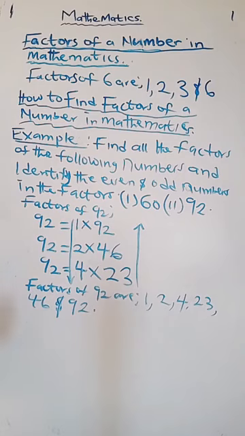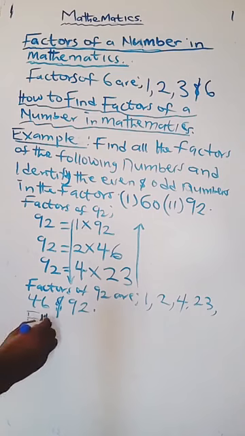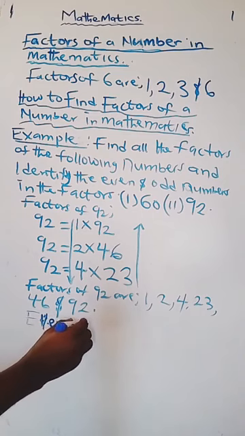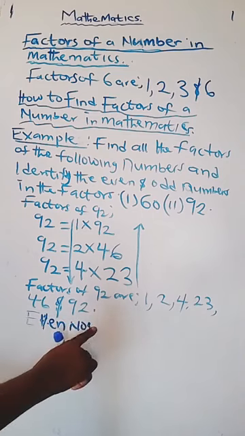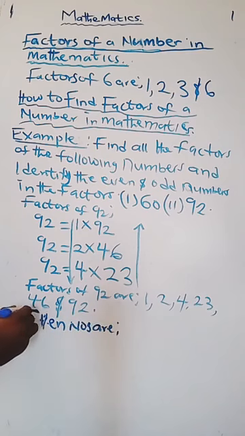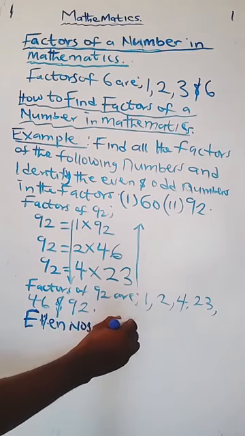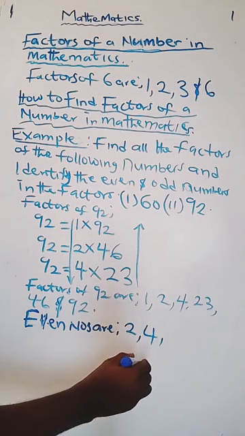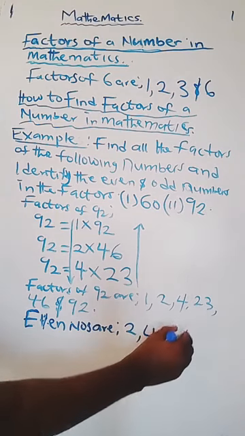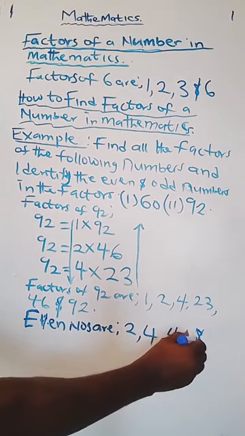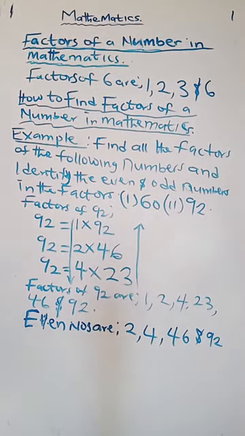The question also asked us to identify the even numbers. Like I said, even numbers are numbers that can be divided by 2. The even numbers are 2, 4, 46, and 92. All these are the even numbers we have in these factors.